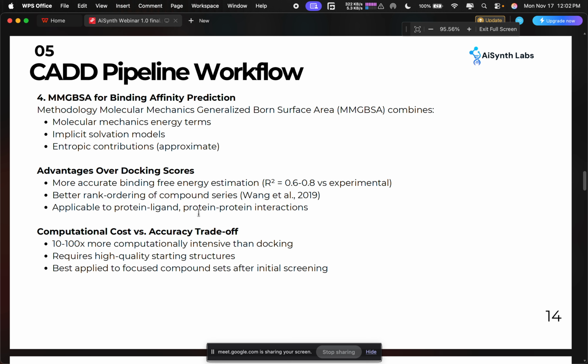It is very, very intensive. It is more computationally intensive than docking. Docking is intensive, but this is much more computationally intensive. That's why you have to go through all those stages to reduce the number of compounds, and you are left with only promising candidates. So imagine having to run MMGBSA on 25,000 compounds. It just won't work. It would take a very, very long time.